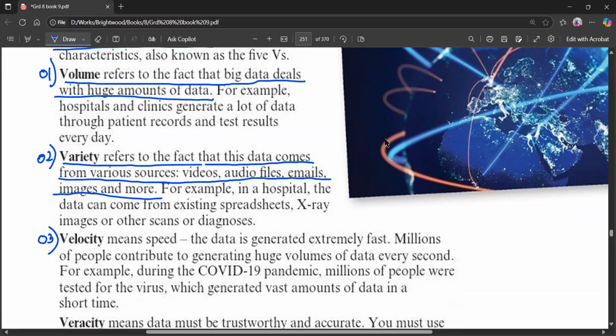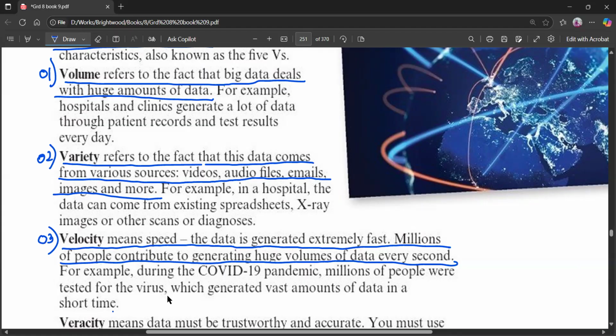A million people contribute to generating a huge volume of data every second. For example, during the COVID-19 pandemic, millions of people were tested for the virus, which generated a vast amount of data in a short time. So in big data, velocity means the data is generated extremely fast, with millions of people contributing to a huge volume of data every second.